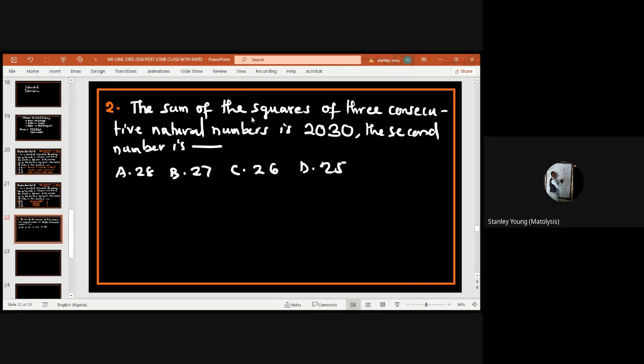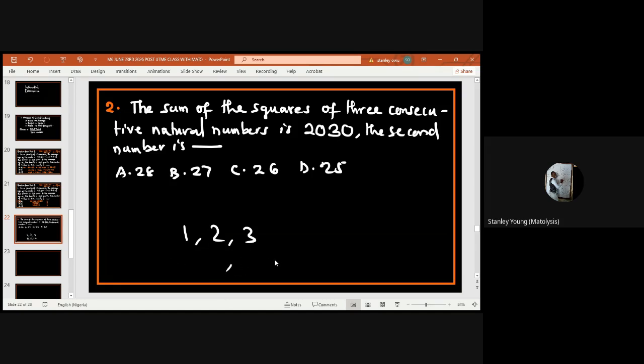They just said the sum of the squares of 3 consecutive numbers. If I say 3 consecutive numbers, it means I have something like 1, 2, 3, or something like 10, 11, 12, things like that.